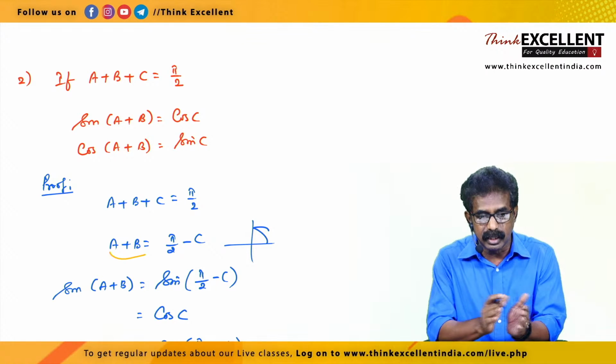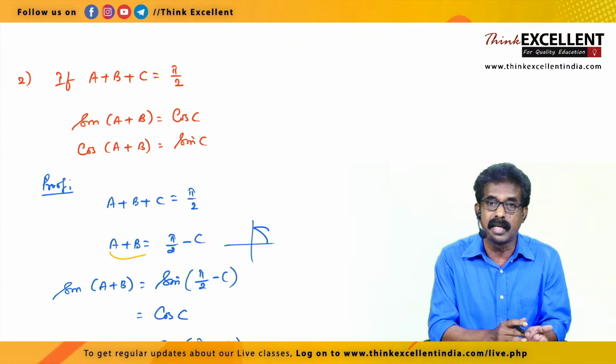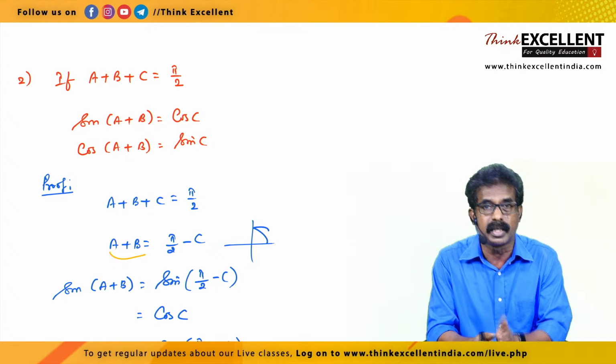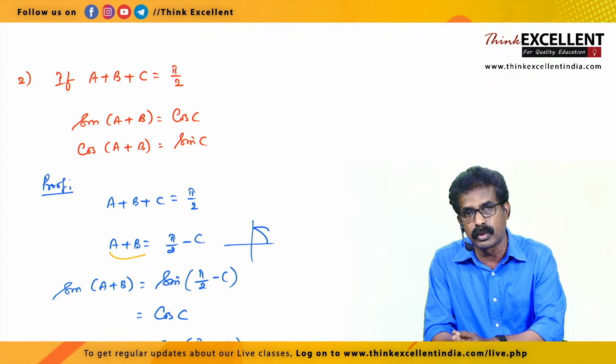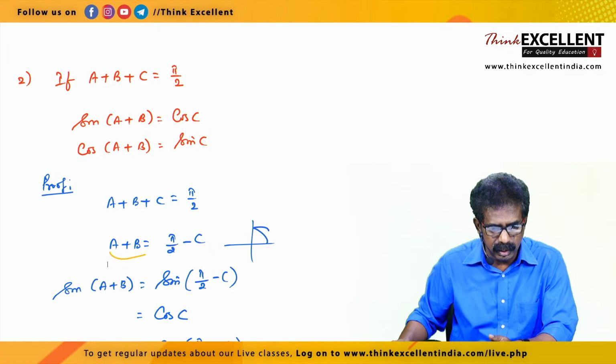That is the reason the co-ratio comes. Both are positive because it is 90 minus theta, in the first quadrant, where all the ratios are positive.